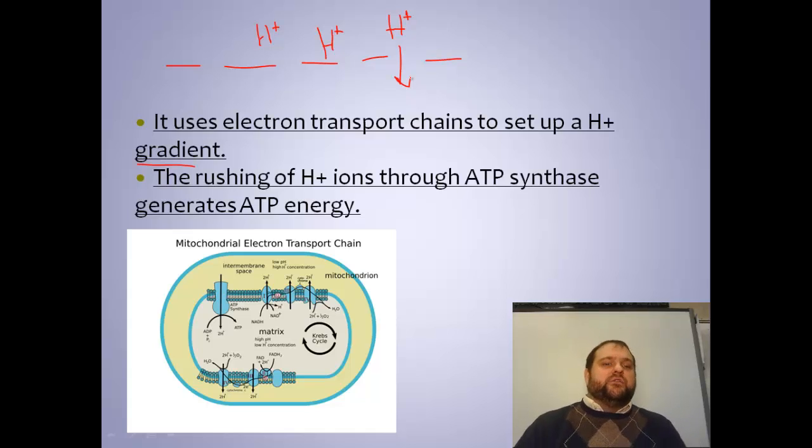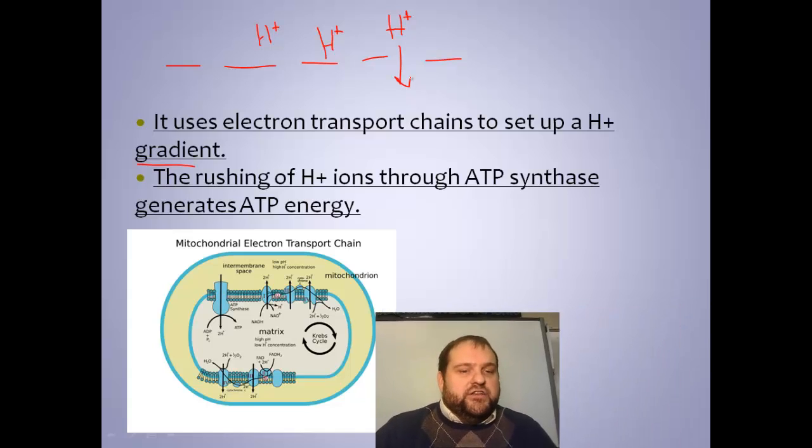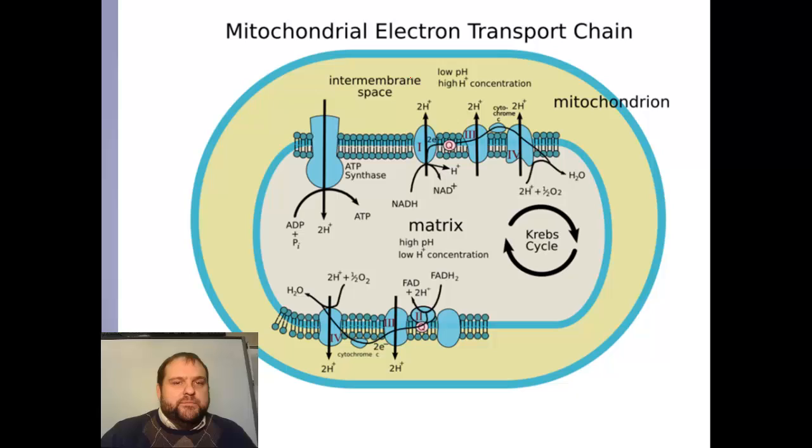So because of that, we're going to set up the hydrogen gradient again, and then we're going to force those hydrogen ions to rush through ATP synthase, and that's going to generate our ATP energy for us.